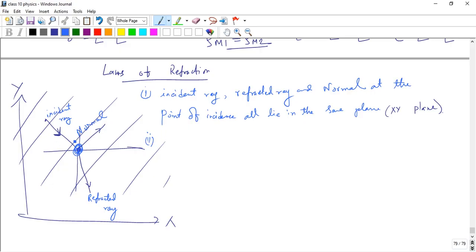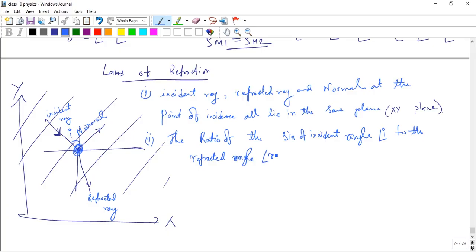The ratio of the sine of the incident angle i to the sine of the refracted angle r is a constant.